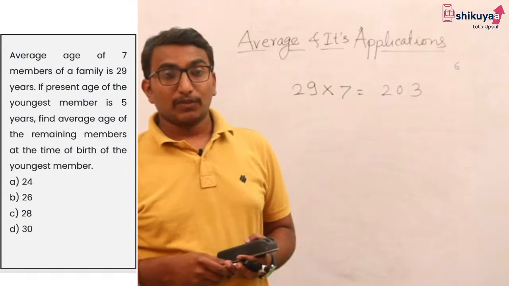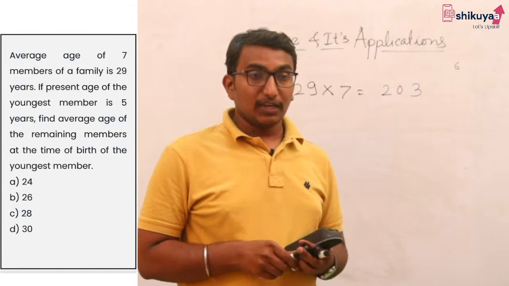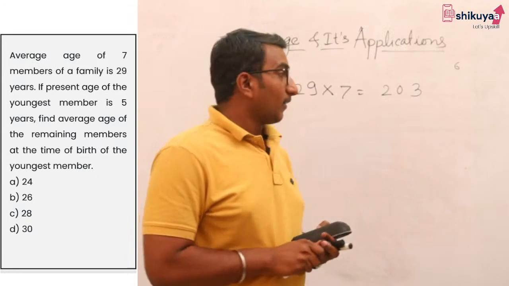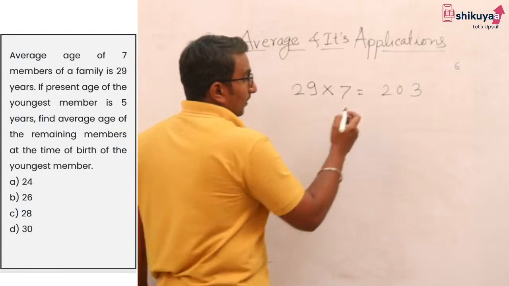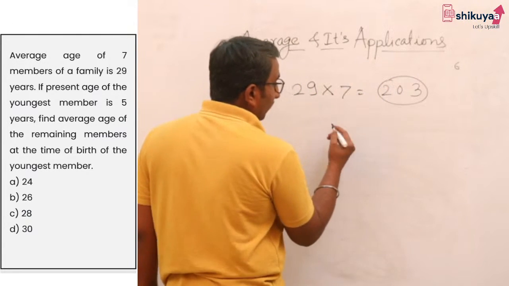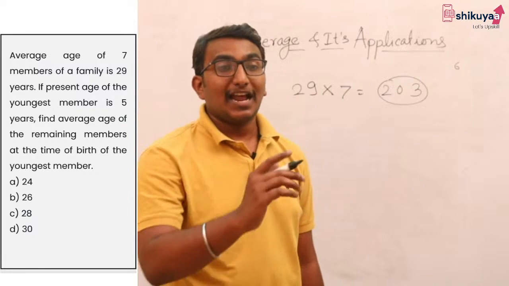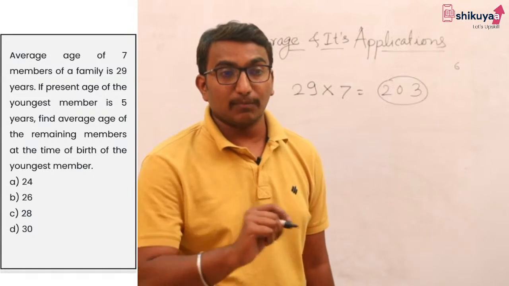Then what we have to do is calculate, because one person is going to be excluded whenever you calculate the age of all the remaining members at the time of the birth of the youngest member.